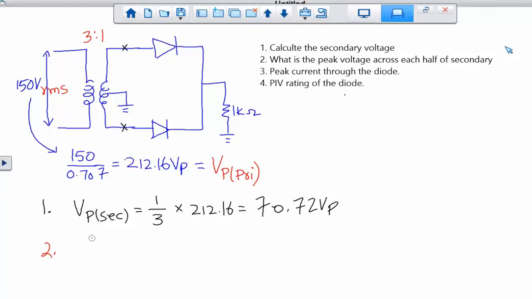So it's simply 1/2 of the entire secondary voltage, so that's 70.72 over 2, that's 35.36, right?